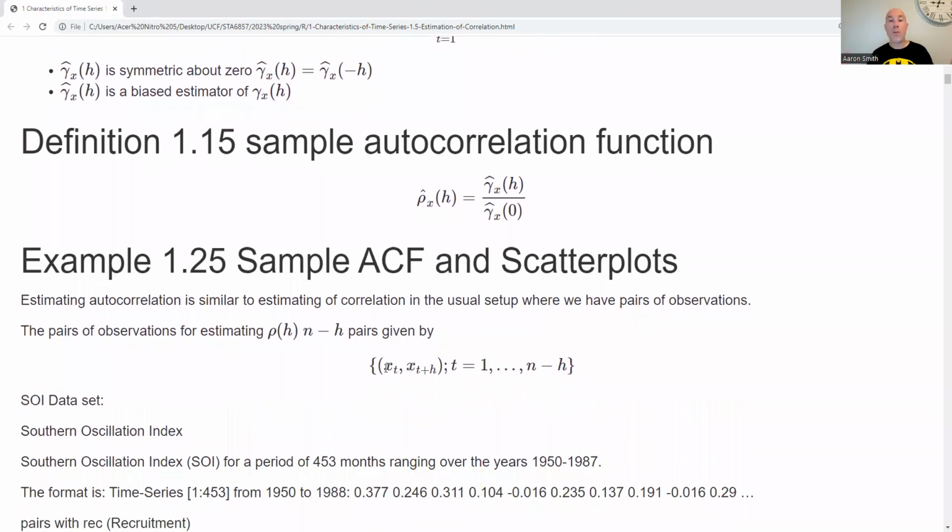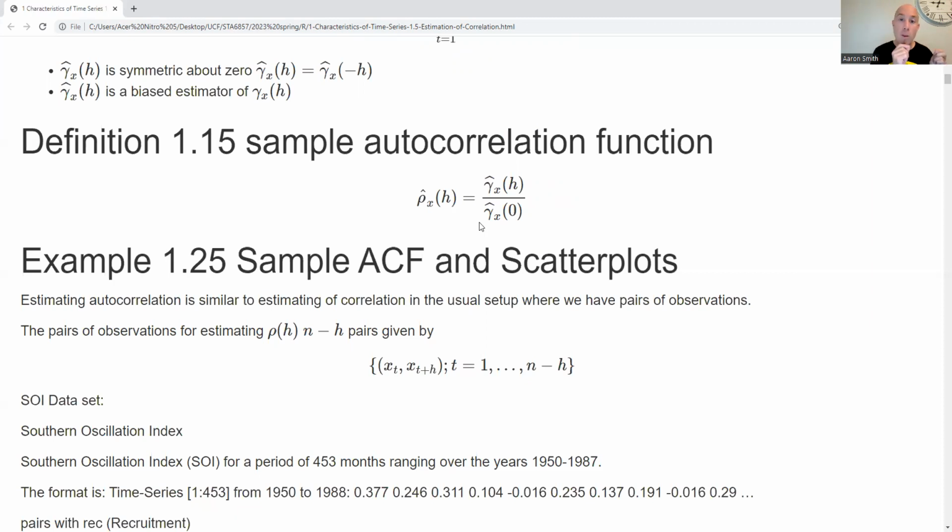All right, so our sample autocorrelation function, I'm just going to run through the same thing I did in the previous video for autocorrelation. Remember, I'm going to take the fraction where I've got autocovariance up top. I'm going to take the square root of the autocovariance times the autocovariance, that will be 0, 0, and h, h.